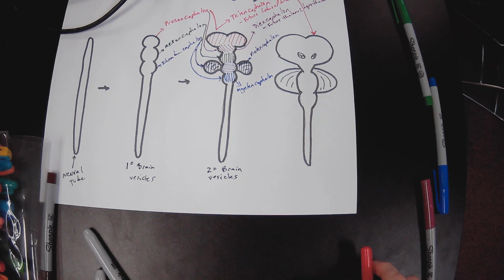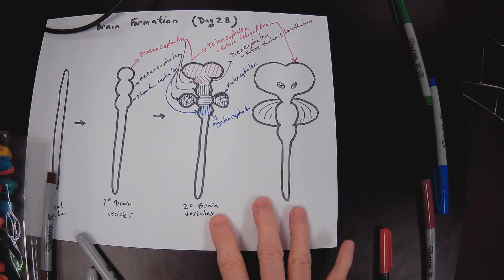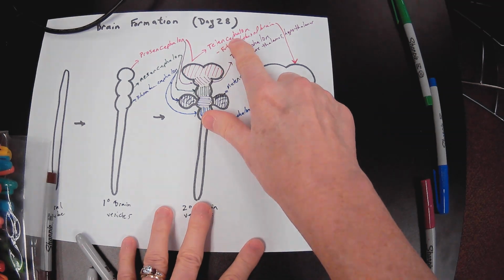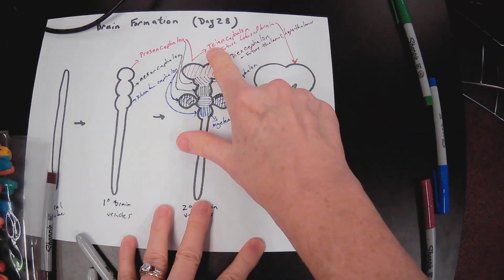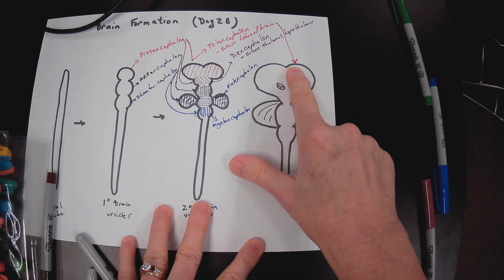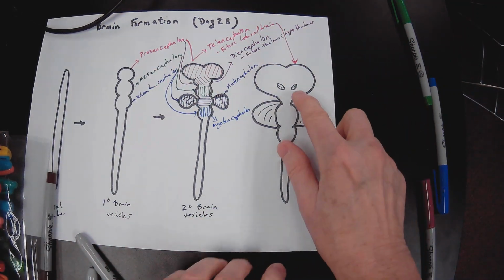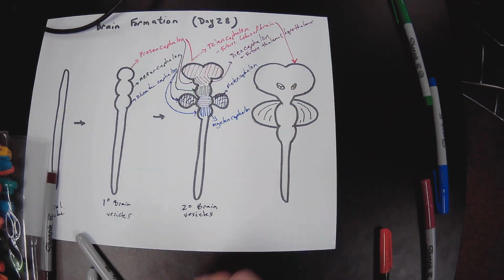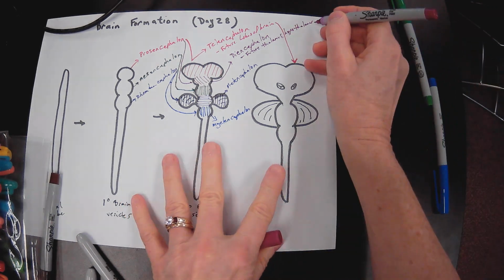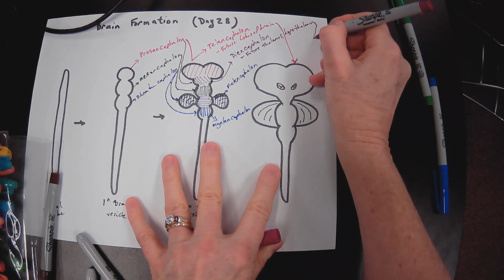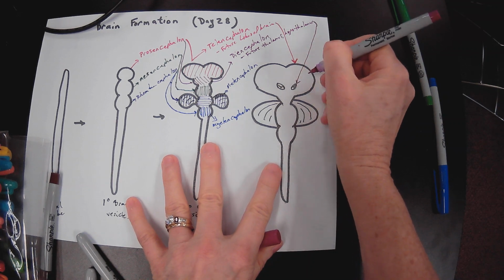So your future lobes of the brain, or your cortical region, is your telencephalon. That'll eventually end up here. The diencephalon kind of collapses in on the telencephalon to form the thalamus. So here's your diencephalon, your thalamus and your hypothalamus, ending up here.